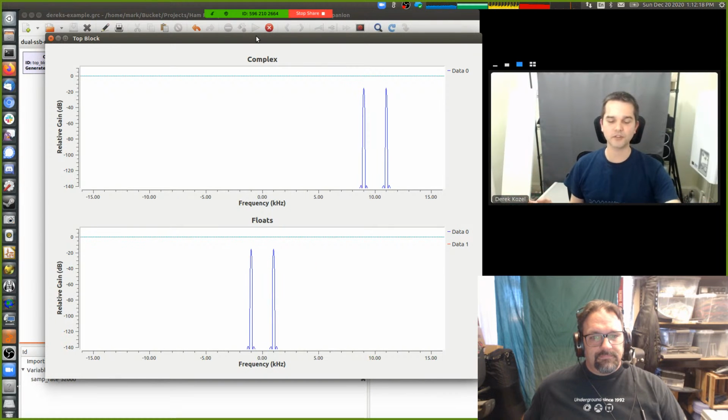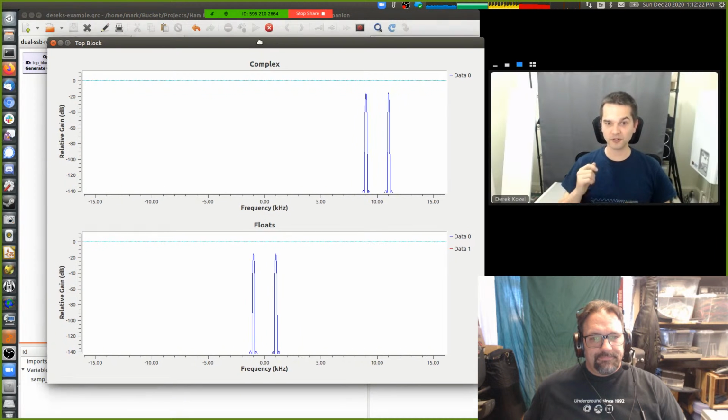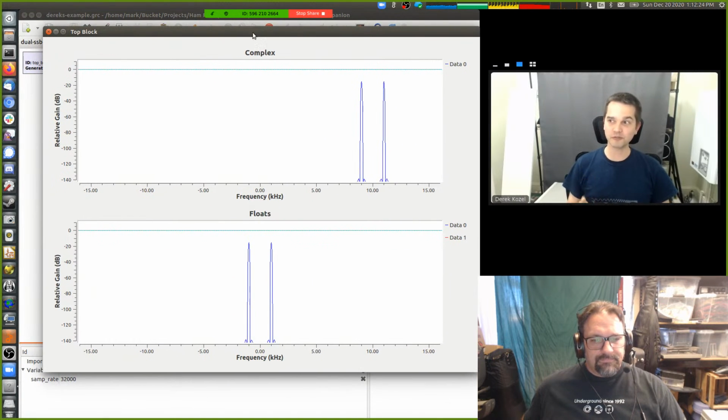All cool. So here's the fun concept. Your input has two frequency components, positive 1000 and negative 1000. Our local oscillator, however, only has a frequency content of positive 10,000 hertz.